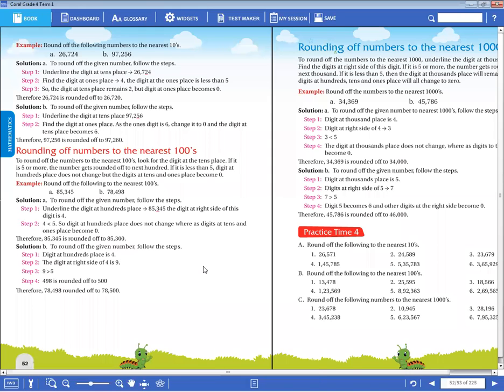You have to change this into the tens place, not the ones place, not the hundreds place. So when you are changing into the tens place, you have to check the ones place. In the ones place, if it is greater than 5, we have to take the next tens. If it is less than 5, we have to take the same tens only.